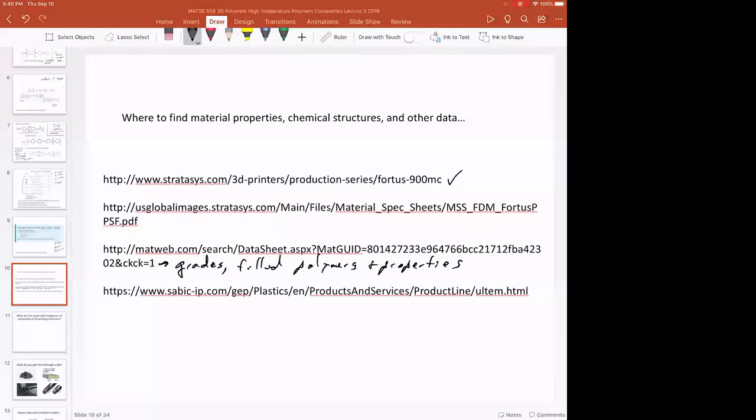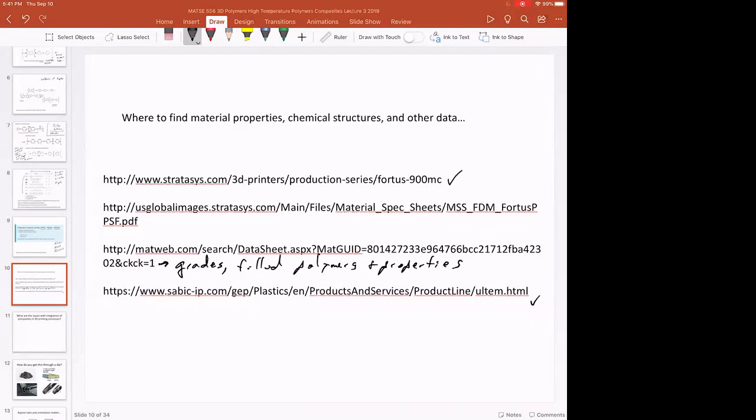So if you type in nylon 6 in MatWeb, it will tell you all the different glass fillers that are available, what their general properties are, what their temperature resistance is, all sorts of things. If you're interested in Ultem, of course, SABIC has a lot of information on that. And so as you're looking for different polymers, different grades, if you're interested in different types of materials, you can go to these databases and find what's possible.